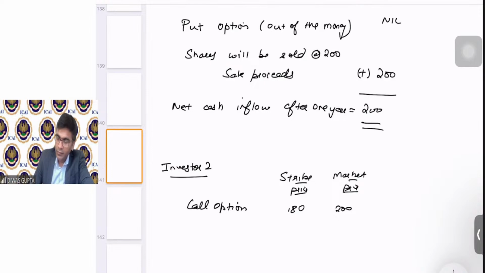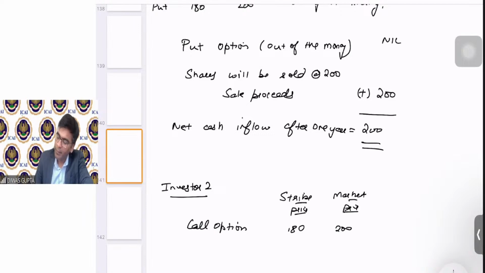Okay, strike price is 180, market price is 200. Then there will be, so this is out of the money or this is in the money, students?